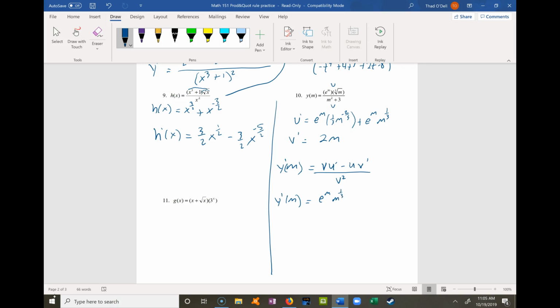U prime is that thing up there. So that's going to be times e to the m times 1/3 e to the m, m to the negative 2/3.